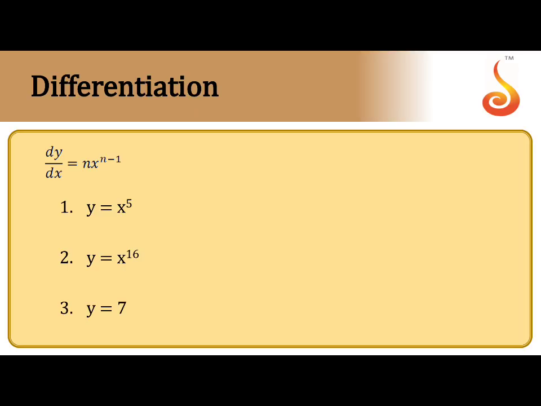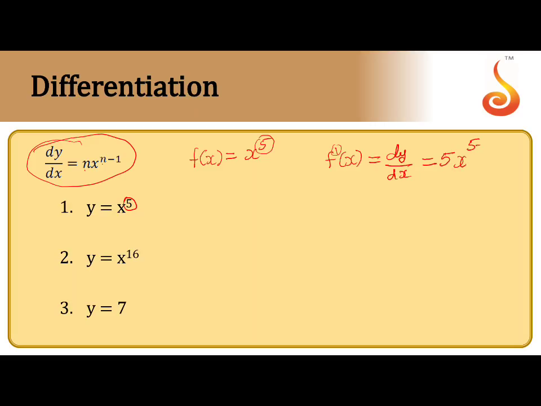Let me take one example. In the first example, instead of n, I have 5. The function of x, f of x, is equal to x power 5. When I differentiate, f dash of x, if I put a dash symbol, that indicates I have differentiated. This will be rewritten as dy by dx. This will be equal to, according to this formula, n into x power n minus 1, n value equal to 5, 5 into x power 5 minus 1.